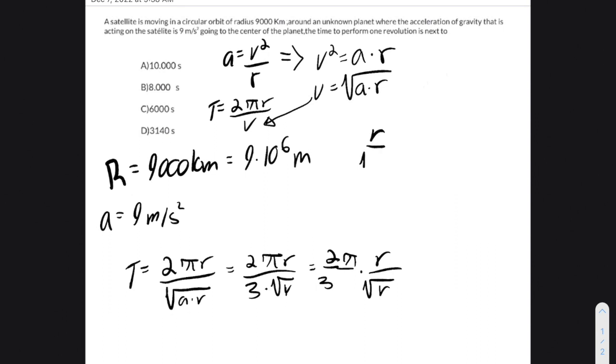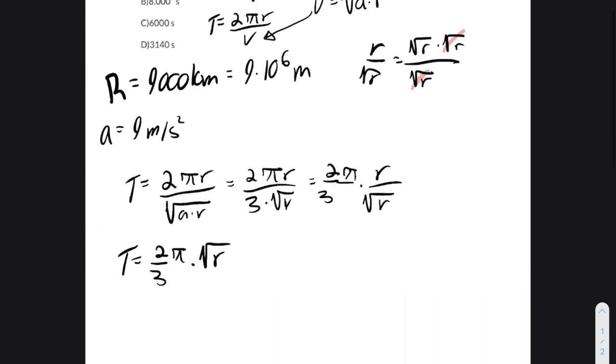R over square root of r is basically the same thing as square root of r times square root of r over square root of r, since square root of r times square root of r is the same as r. So here we can cancel, and so that gives us, to sum up, 2/3 pi times the square root of r is equal to t.